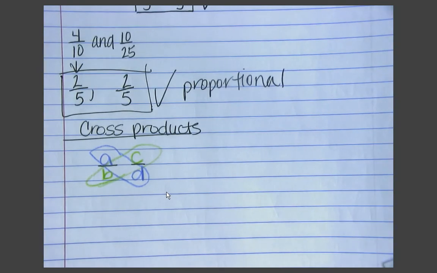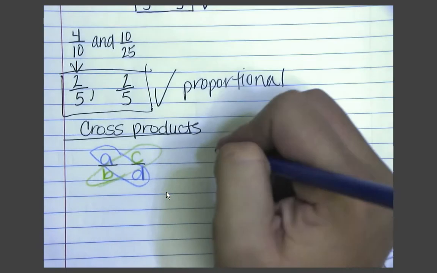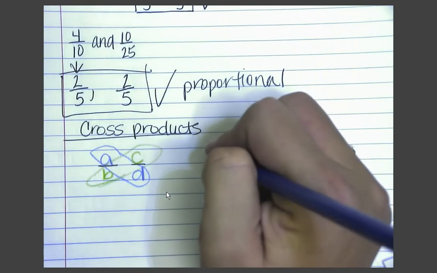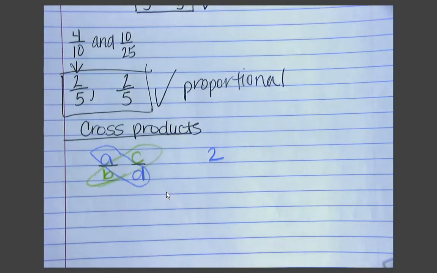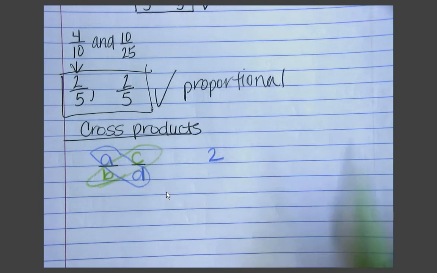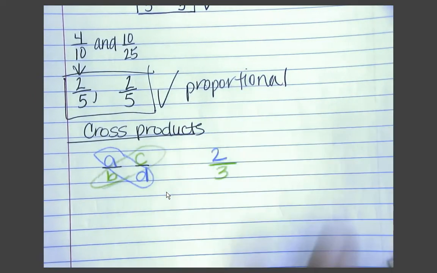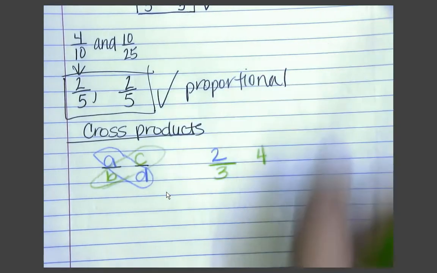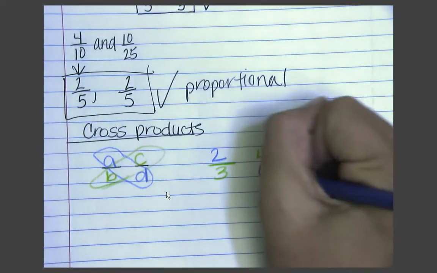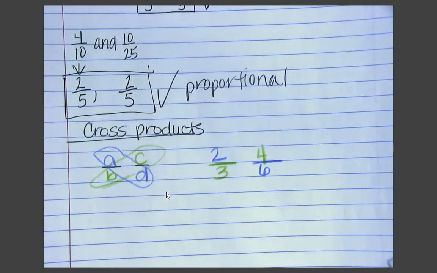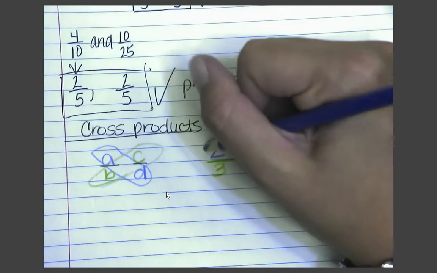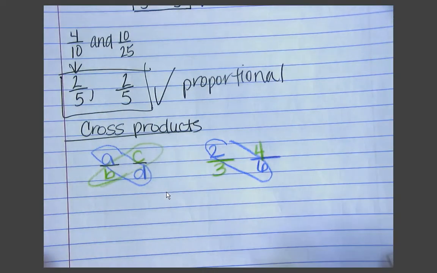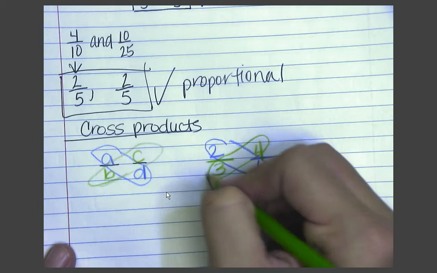So, for example, if I put 2/3 and 4/6. There's my numbers as a cross product right there.